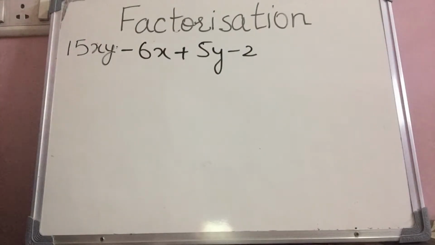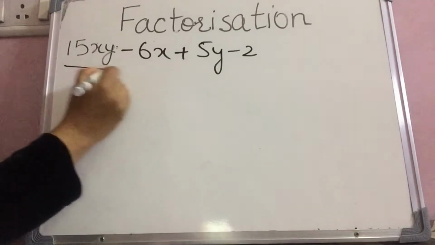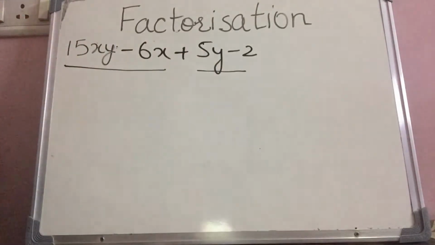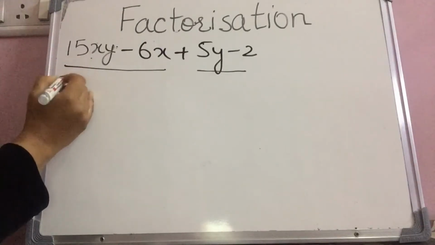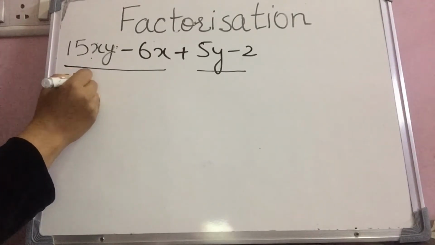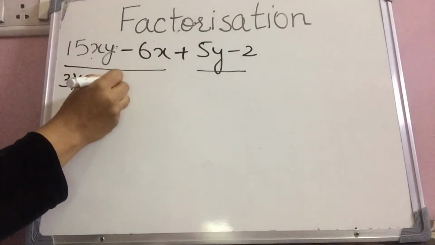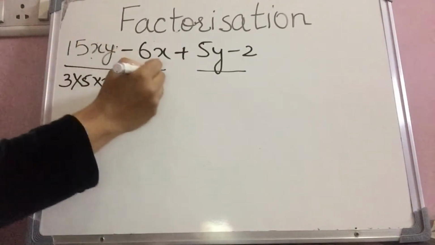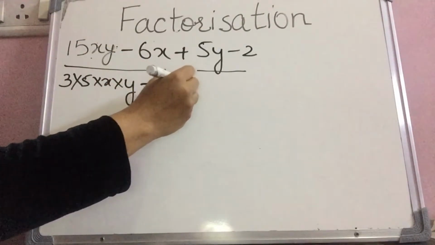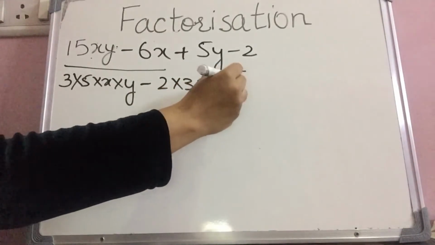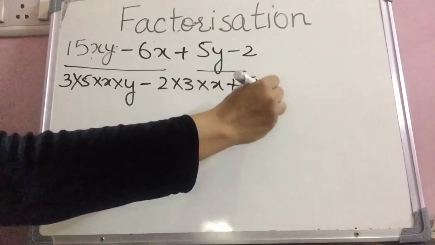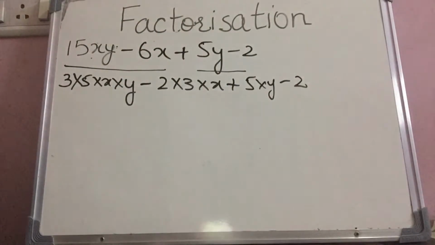Now if this is another example, we'll take two terms together. If we take these two terms and these two terms, we'll write the factors of this: 3 into 5 into x into y. These are the factors of this term, minus 2 into 3 into x plus 5 into y minus 2.